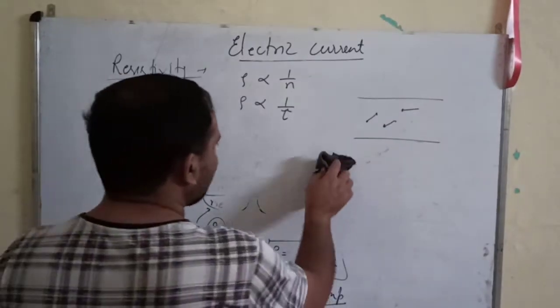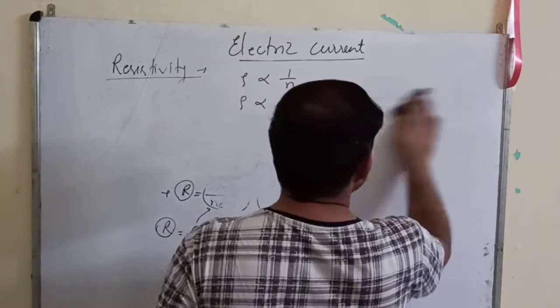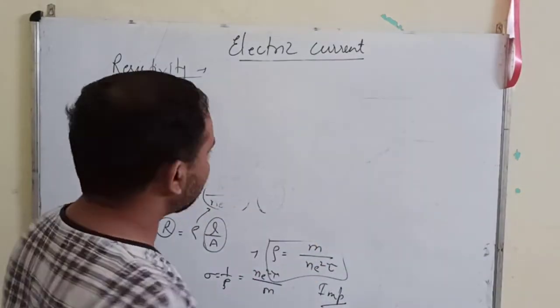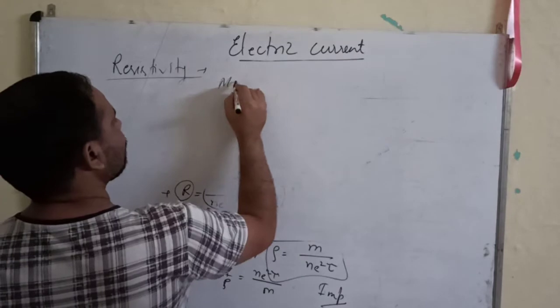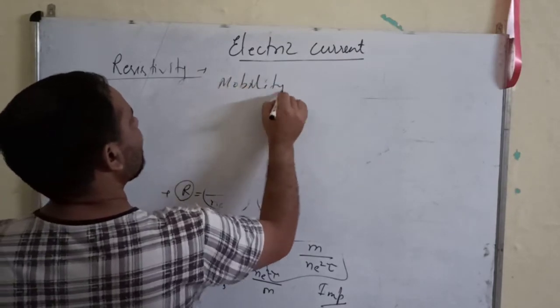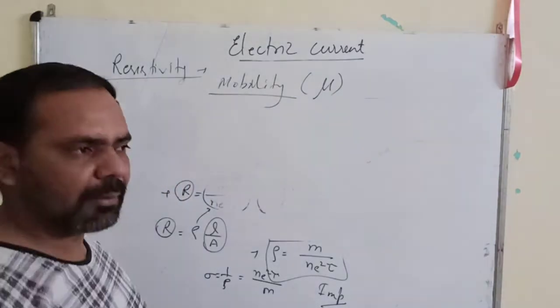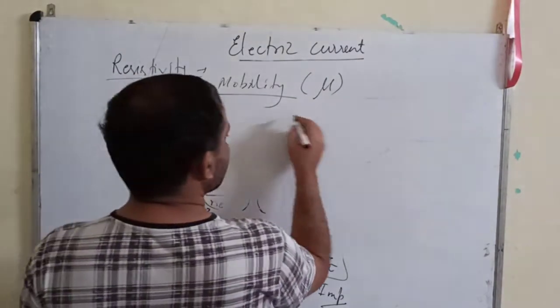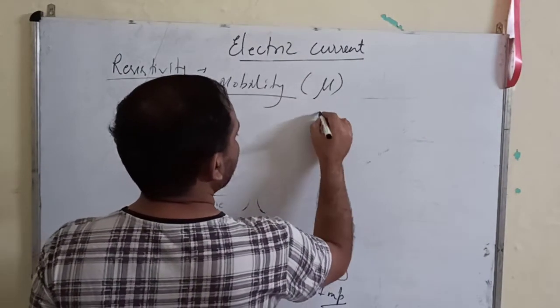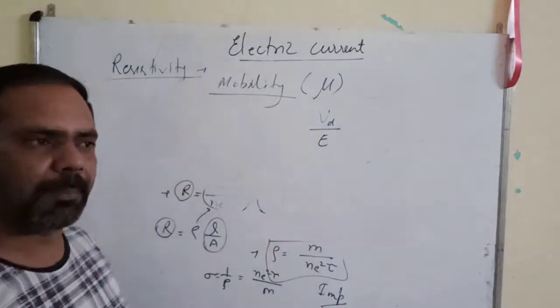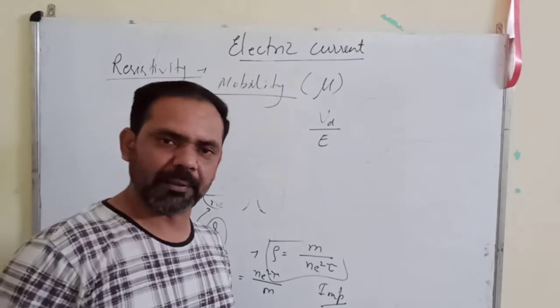Okay, then there is another term which is called mobility, denoted by mu. Its definition is very simple: drift velocity acquired by the charge per unit applied electric field.